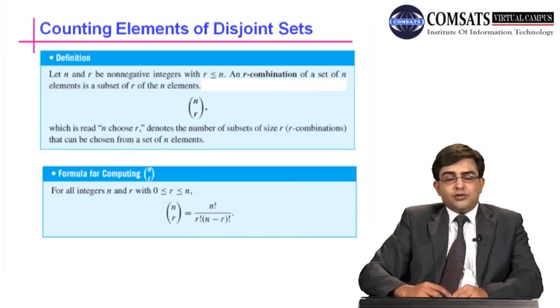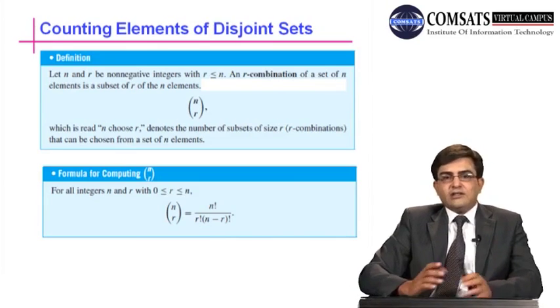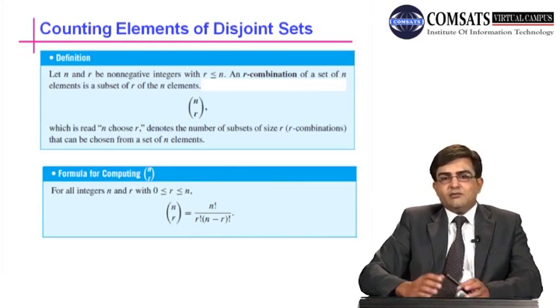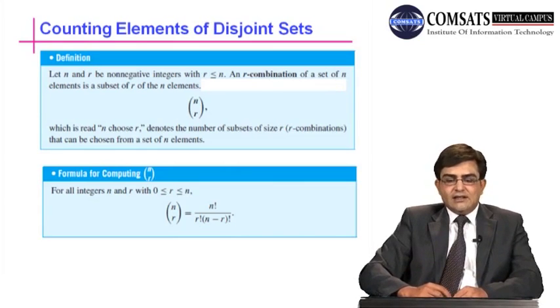Permutation, you know, is basically the ordered selection or ordered arrangement of elements, and the combination is an unordered selection of the elements of a set. I repeat here the definitions of combinations and permutations, and then we shall discuss the difference between combination and permutation, and then the relation between combinations and permutations.